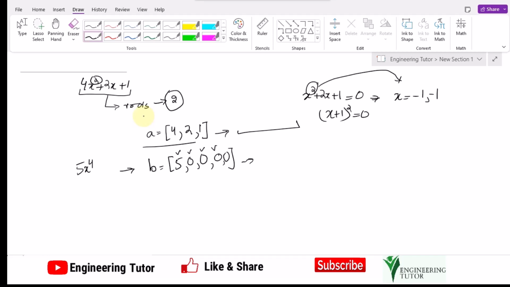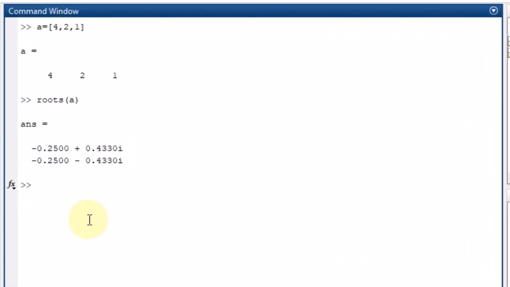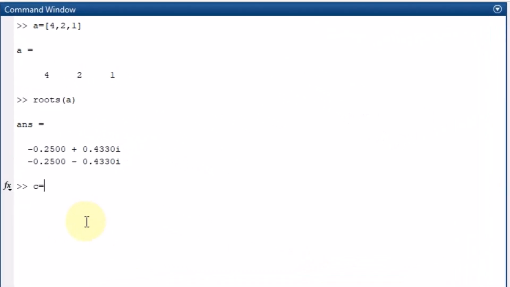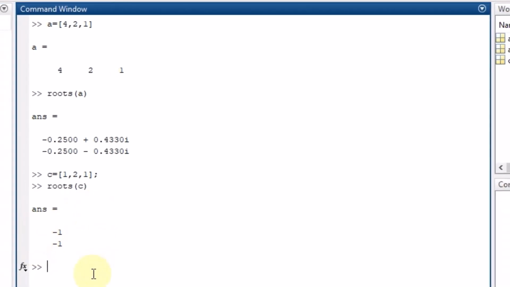So let me write the coefficients of it as c equal to 1 2 1. Then finding the roots of it, how would we find it? It will be roots of c, and writing roots here, it will give me minus 1 minus 1. So that is it.